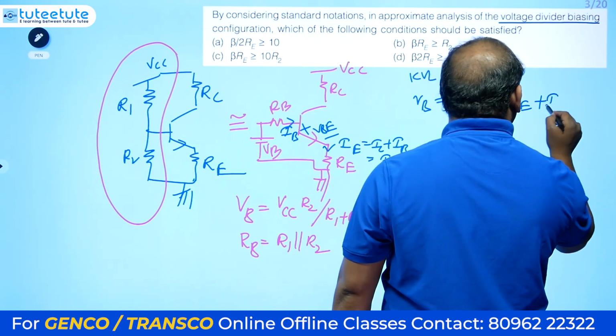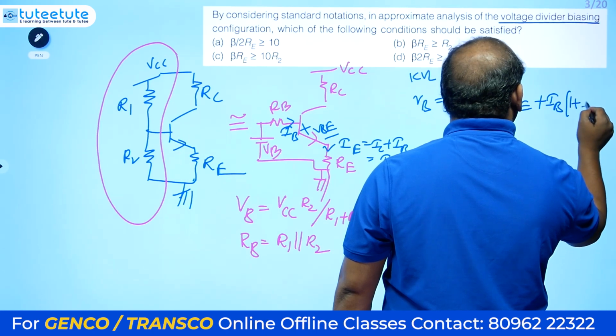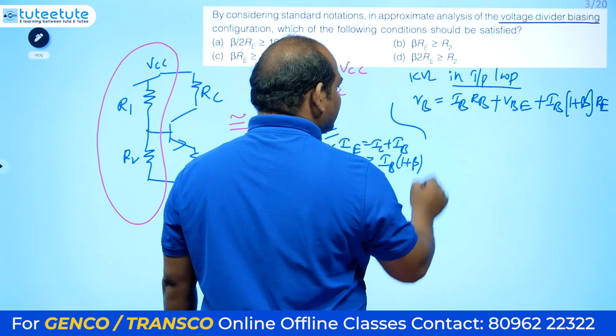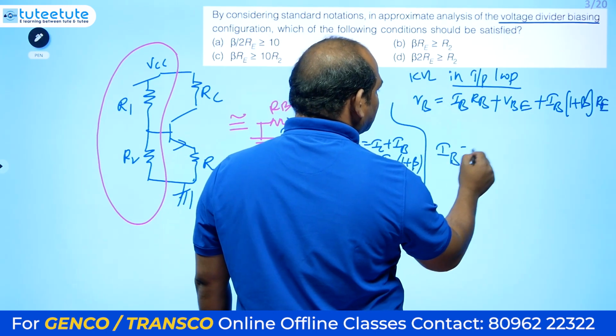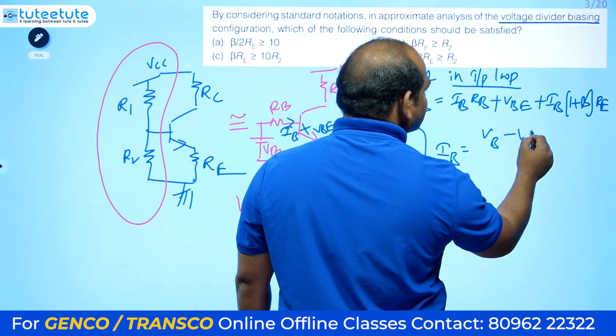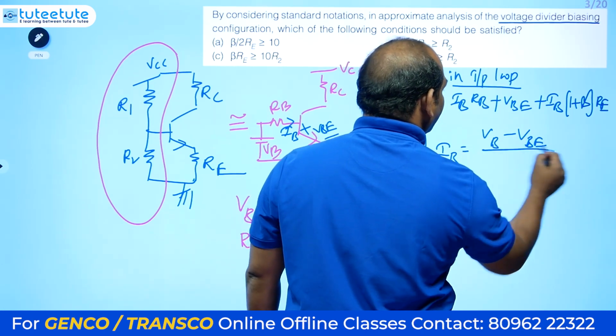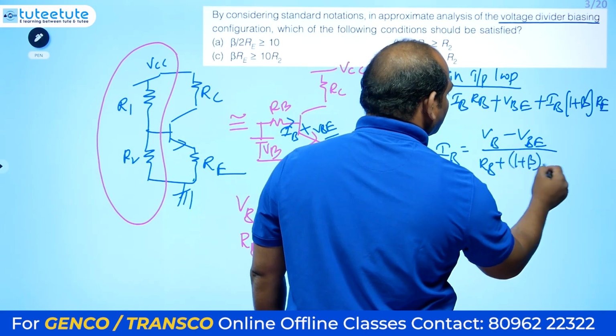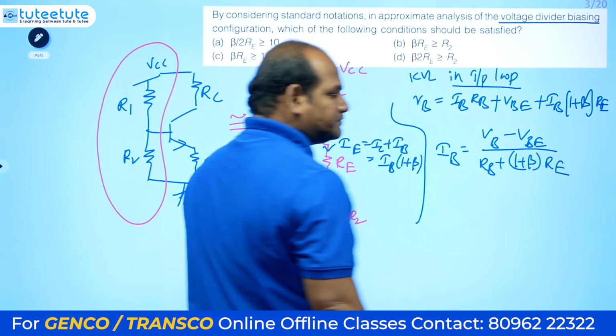So what we will get here is IB into 1 plus beta into RE. We are looking for the IB current. So IB is equal to VB minus VBE by RB plus 1 plus beta into RE. Like this we'll get. Okay.